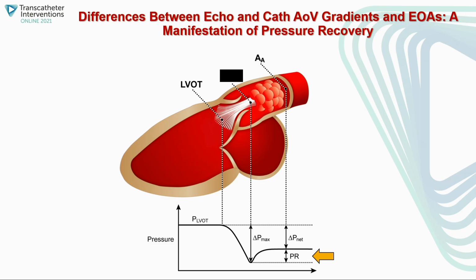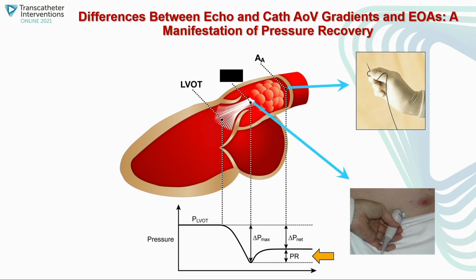The problem is that Doppler is measuring the velocity where it is the maximum, at the level of the vena contracta. So it will really measure the pressure gradient where it is the worst. Whereas the catheter is measuring the pressure a few centimeters downstream of the vena contracta, in the ascending aorta, so after pressure recovery.